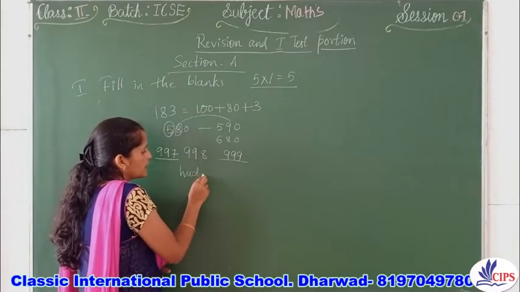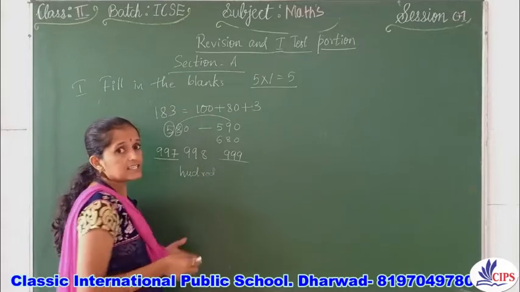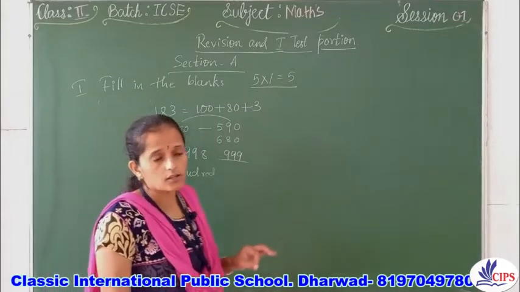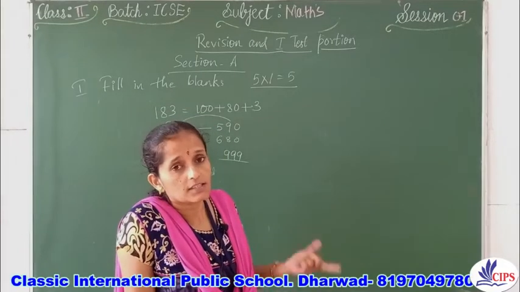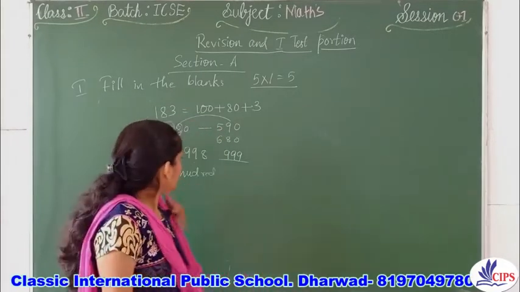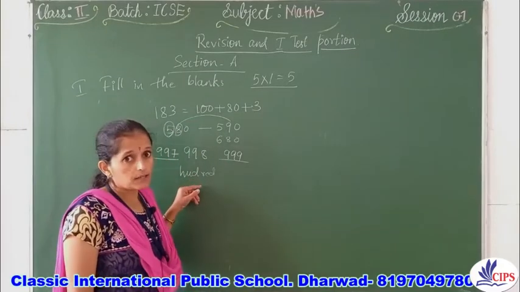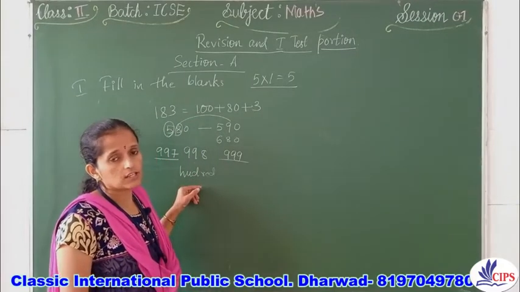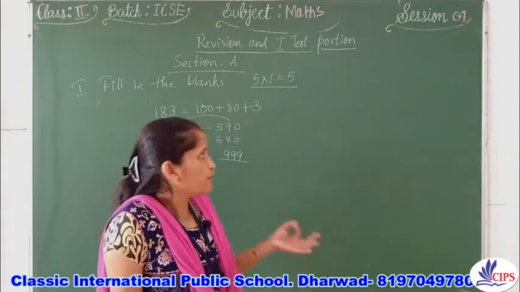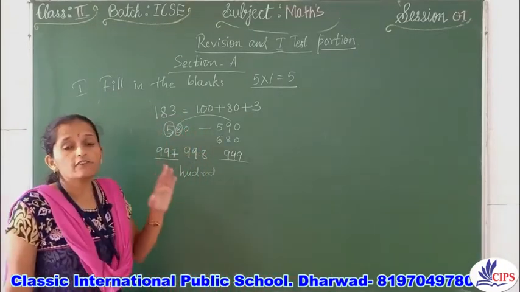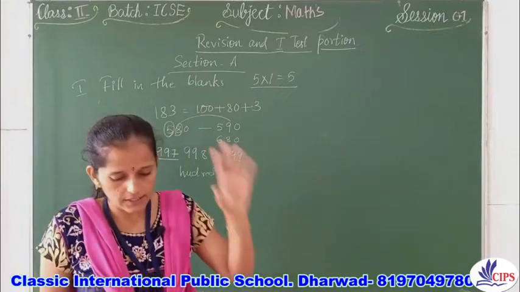Ninety, whatever. Spelling is very, very important. If one spelling goes wrong, there also you will lose your marks. I understand you have written hundred, but see to it that you do not miss any spellings. This all is included in your fill in the blanks of 5 marks.